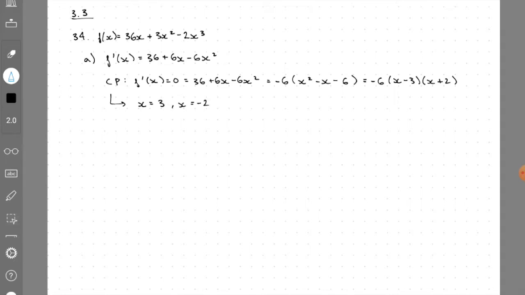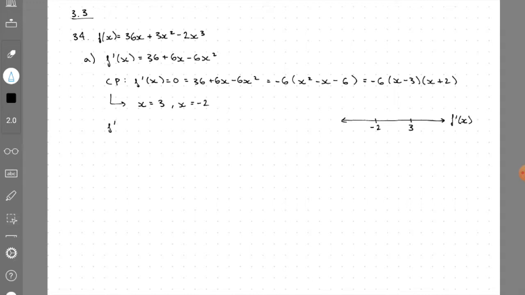Okay, so remember that we have to draw a number line and see when our values are going to be negative and positive. That's going to give us how the slope changes. It's going to give us when it's increasing and when it's decreasing. So we're going to plug numbers into our f prime of x.